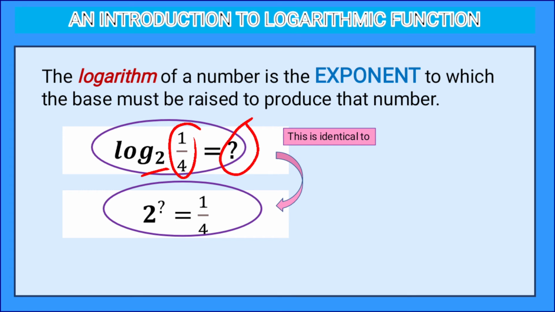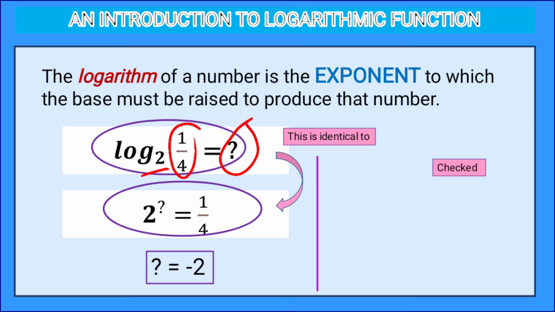So as you can see, we have this value of 1/4. So it gives us a clue that our exponent will be negative, right? And then it means that our unknown exponent is -2. So let us do a checking. 2 raised to -2 is equal to 1/2 squared, right?